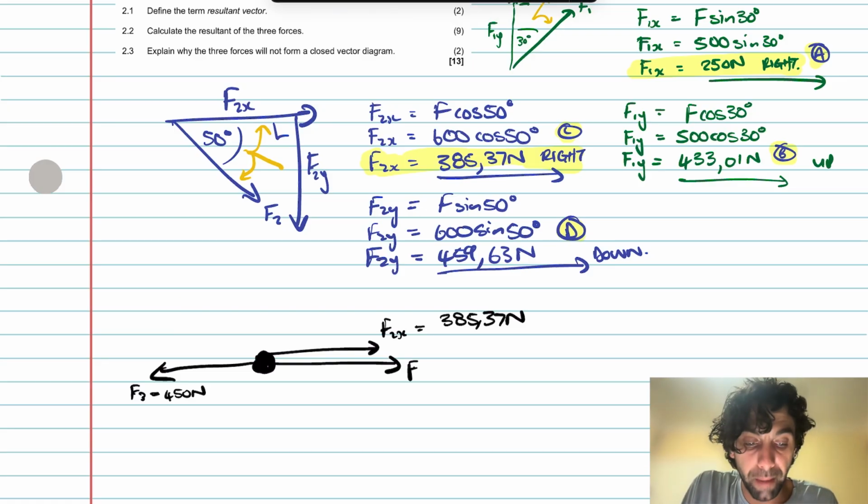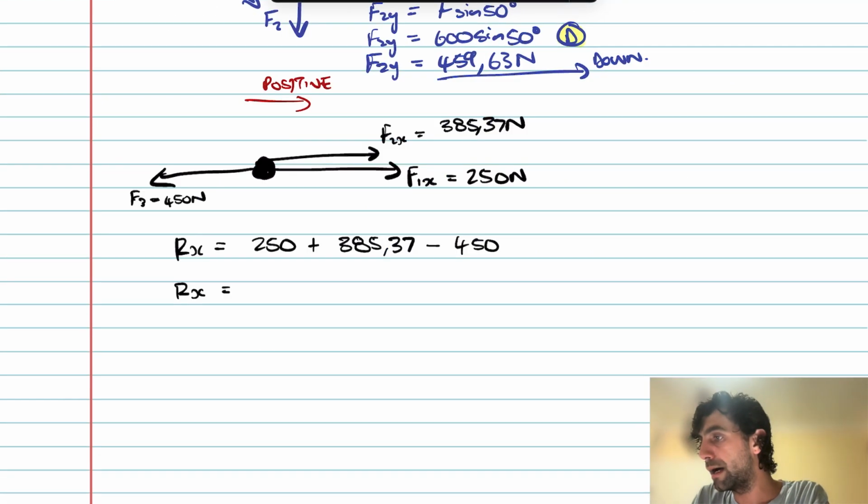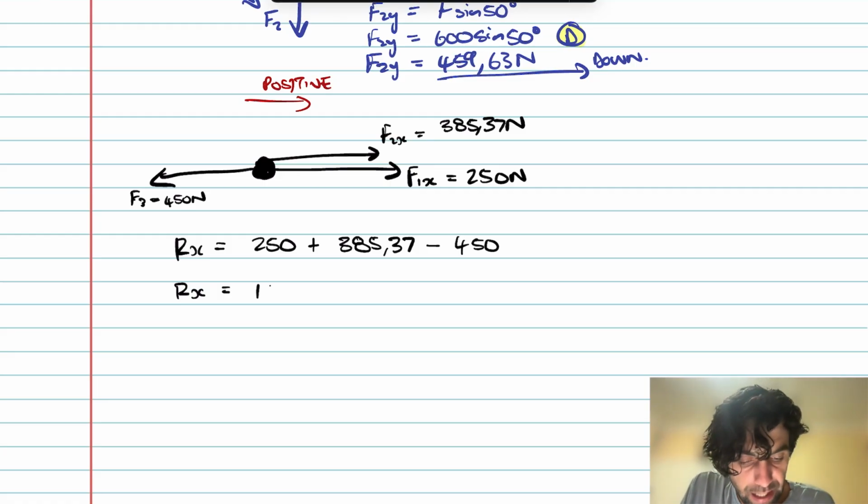So I'm going to say minus 450 newtons. We will plug that all into our calculator, and we will find that it is equal to 185.37 newtons. That is a positive value, so it is acting to the right.